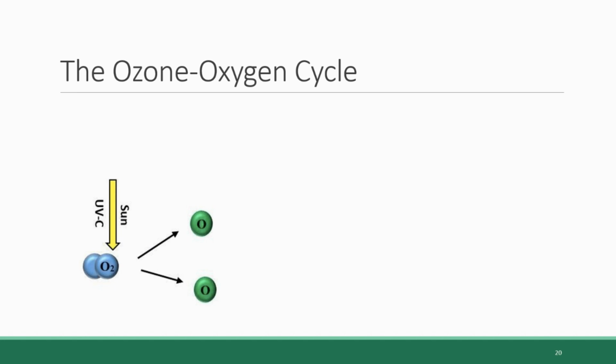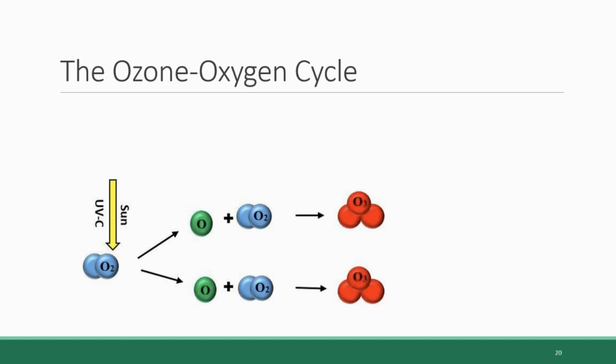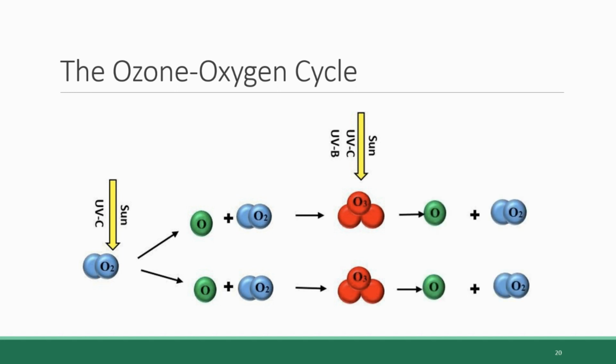Then each of those oxygen atoms grabs onto an intact molecule of oxygen gas in the atmosphere, and together they become O3, ozone. And then this ozone will absorb more UV radiation from the sun and break it back down into lone oxygen atoms and oxygen gas, and we end up right back where we started.